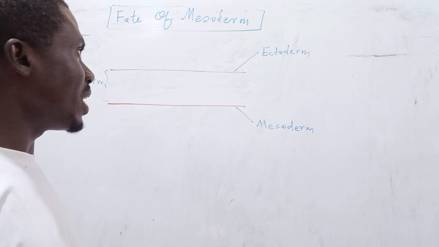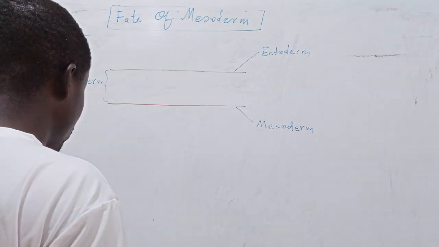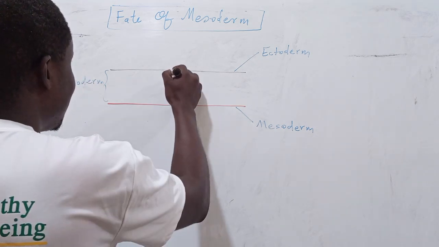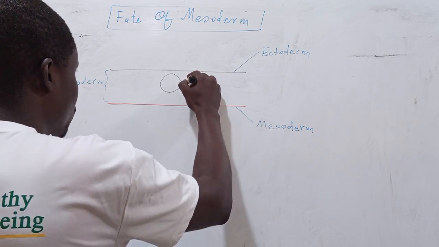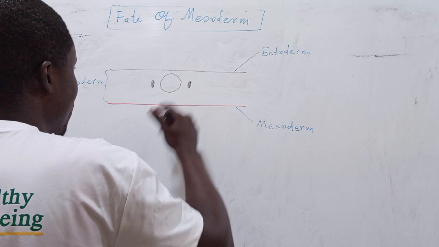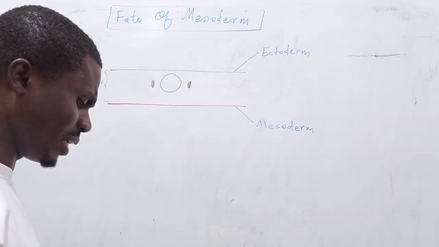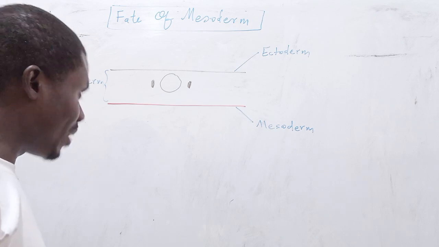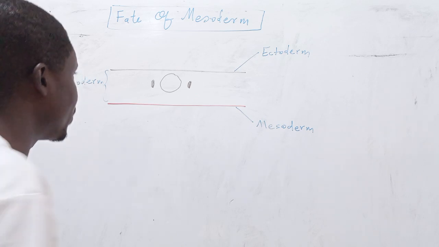But my friends, one thing that we will see is that, yes, already we've seen our neural tube has formed. So let's say we have our neural tube over here. And of course, those population of cells on either side of the neural tube by way of the neural crest cells, they are also present over there. Now, this time what I want to show you is that this is a tube.